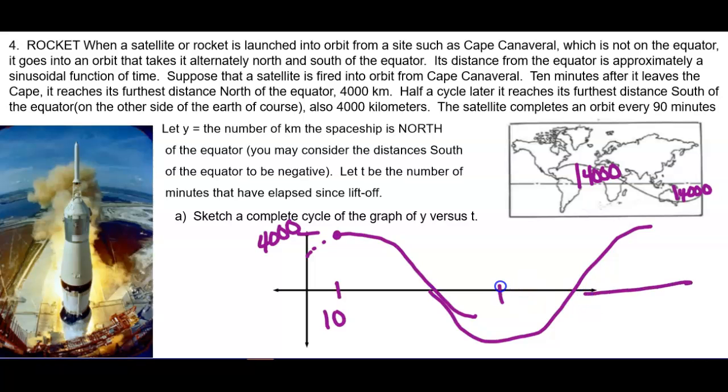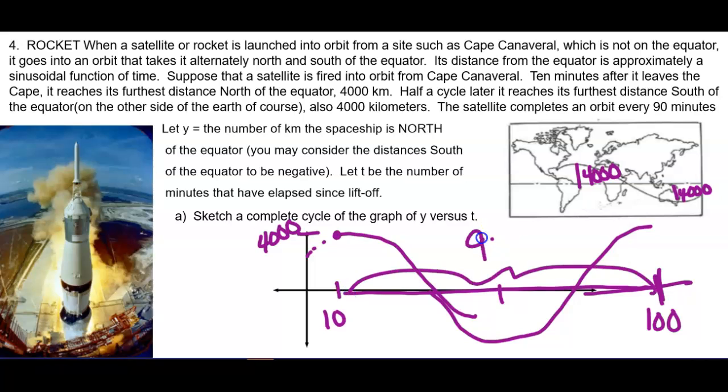Okay, it's 90 minutes to here. No, completes an orbit. Just kidding. Let me undo that. 90 from here all the way till it finishes. So this would be 100. This entire distance of 90, time of 90 minutes, is one period.